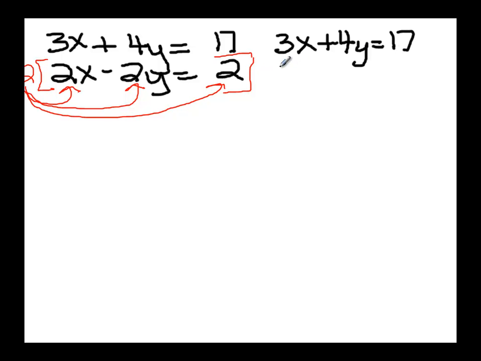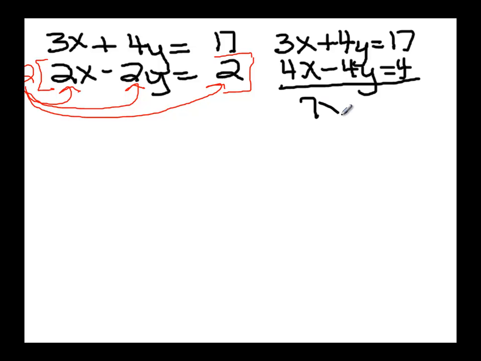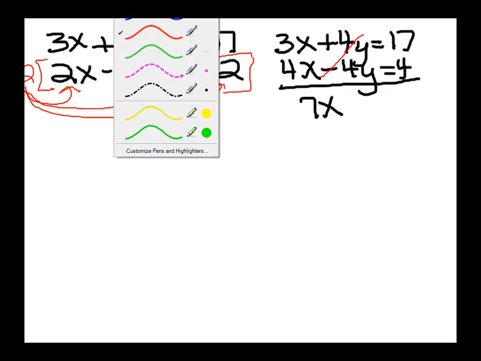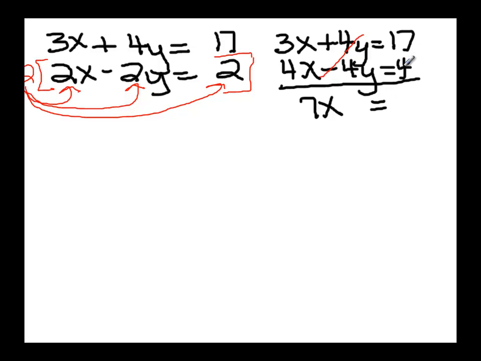And then 2 times 2x gives me 4x. 2 times a negative 2y gives me minus 4y, and 2 times 2 gives me 4. 3x plus 4x gives me 7x. 4y and minus 4y cancel out. 17 plus 4 gives me 21. Divide by 7 and divide by 7.